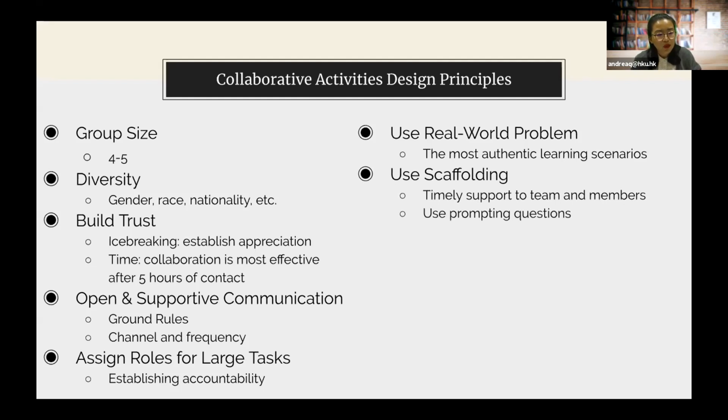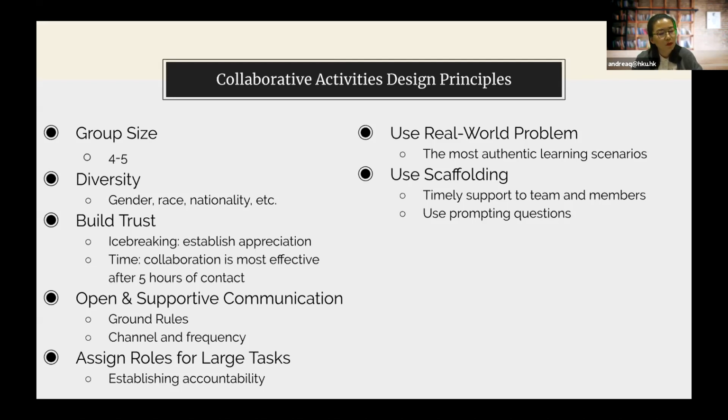What I like to do is use prompting questions rather than giving straight answers. Whenever we do collaborative work in the classroom, beforehand, I would give myself a few check-in points. So at certain time points, I will go to each group and see whether they are where they should be at this point.